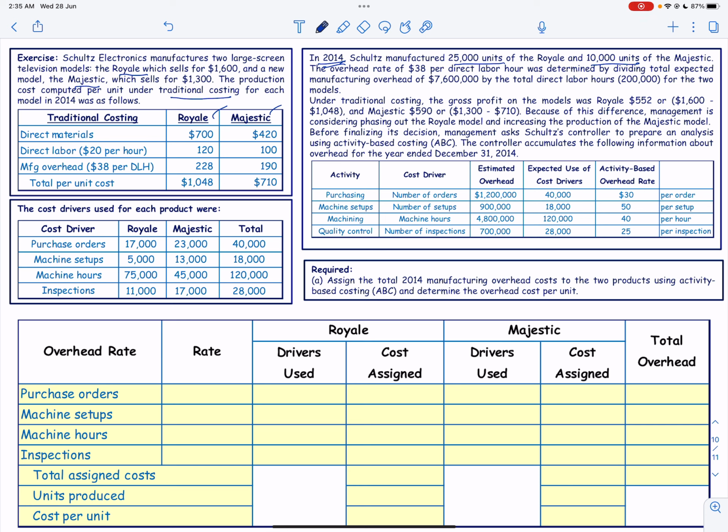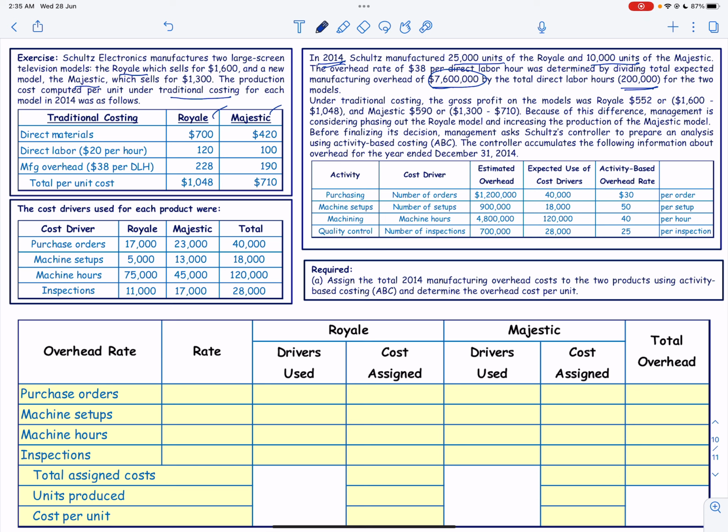The overhead rate of 38 per direct labor hour was determined by dividing the total expected manufacturing overhead of 7,600,000 by the total direct labor hours, that is 200,000 for the two models.